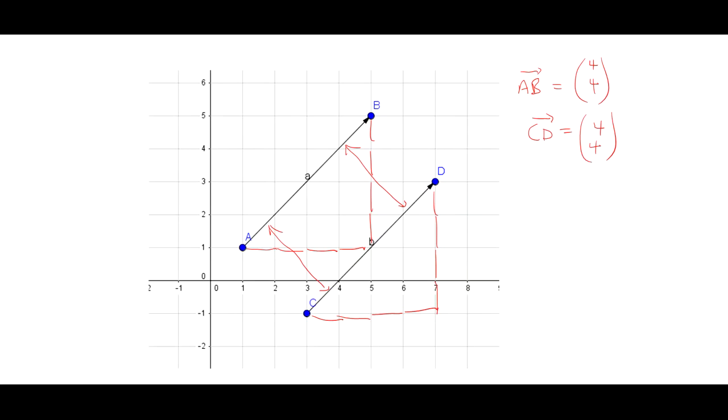But I ask you to write what is the vector BA. Now, BA means that we are starting at B and we are ending up at A, which means we are moving in this direction, right? Because we are moving in the opposite direction, the vector will be minus 4, minus 4, right?